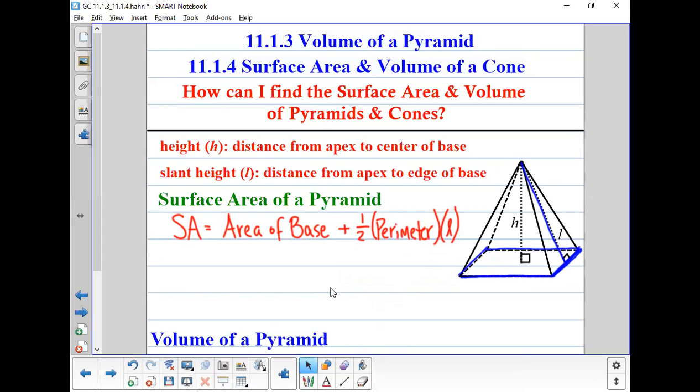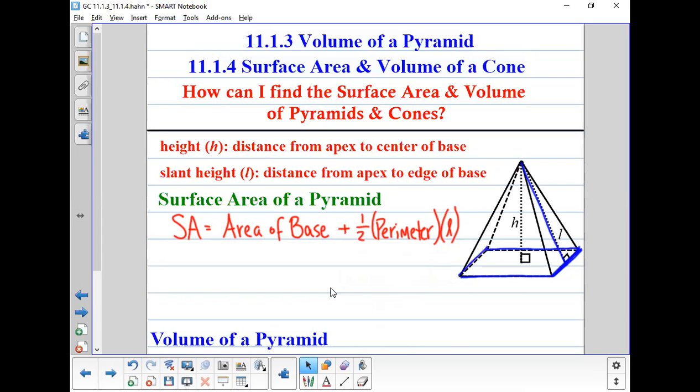So if I'm looking at this pyramid, I've got 4 triangles. They would all have a slant height of L and then a length of whatever one edge of the base is. I could find the area of that one triangle, and then multiply it by 4 because there are 4 of them. If it was a pentagon, I would multiply it by 5 because there would be 5 triangles. A hexagon would have 6, and so on.